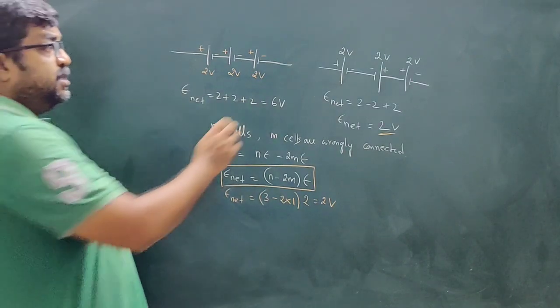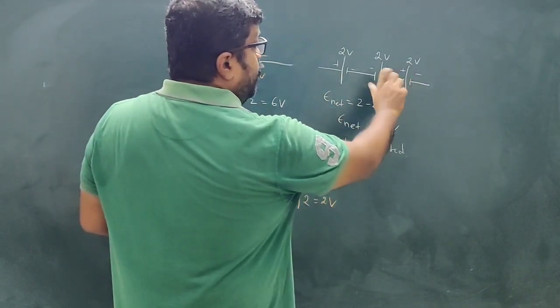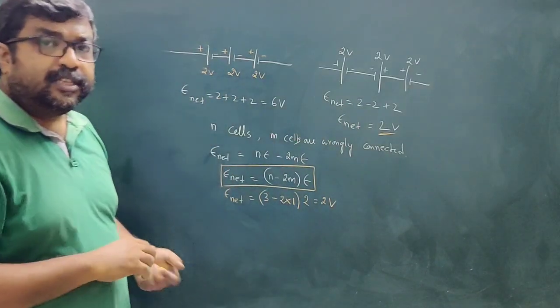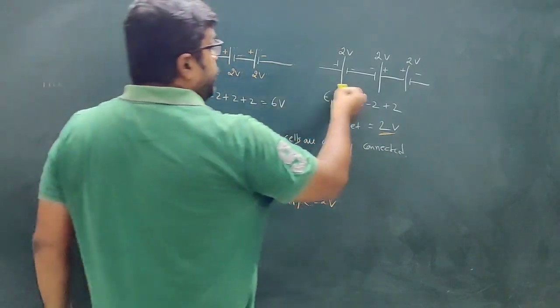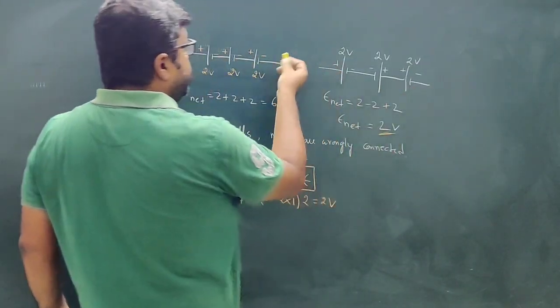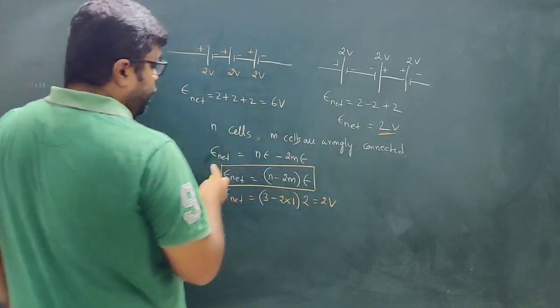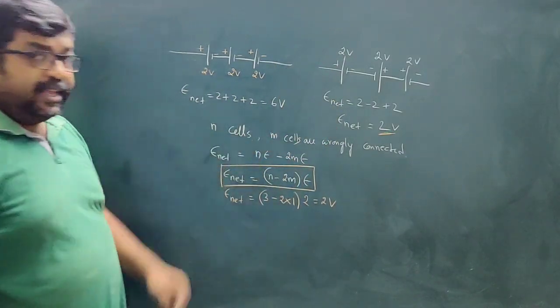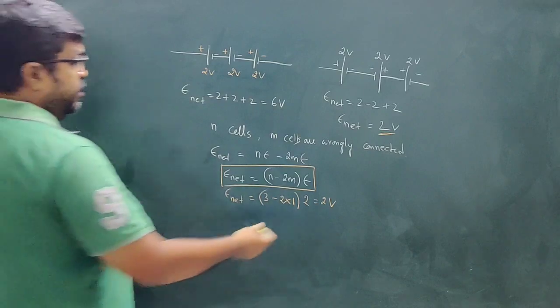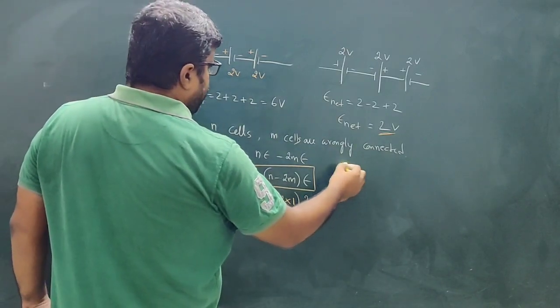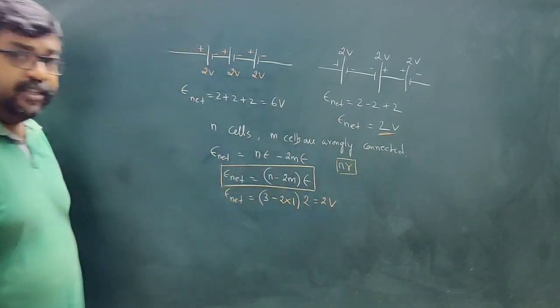But see, when you connect them in opposite order, the internal resistance doesn't change. So suppose there are n cells. What will be the total internal resistance? Total internal resistance will remain nr. This is not going to change.